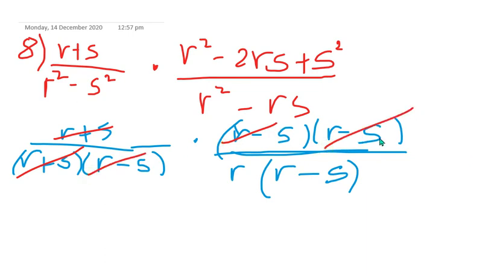What remains in the numerator is 1 and the denominator is r. So 1 over r is the final and simplified answer. Okay? Let's come now to the division of rational expressions.